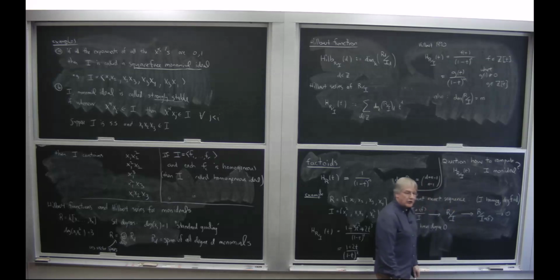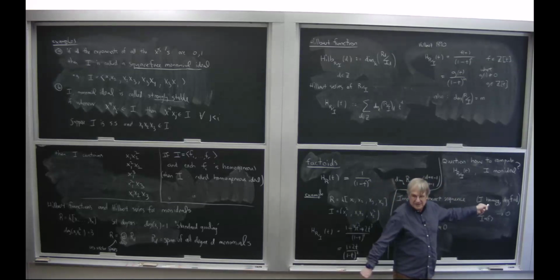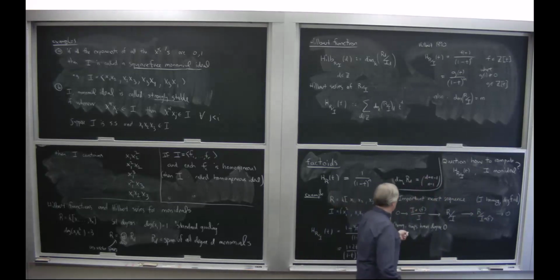Okay, what does it mean for a map to be homogeneous of degree 0? It means it takes homogeneous stuff here to homogeneous stuff of the same degree. That's the 0. If it were homogeneous of degree 1, it would up the degree by 1. But we're not going to really ever use those so much. Most things we care about have degree 0.